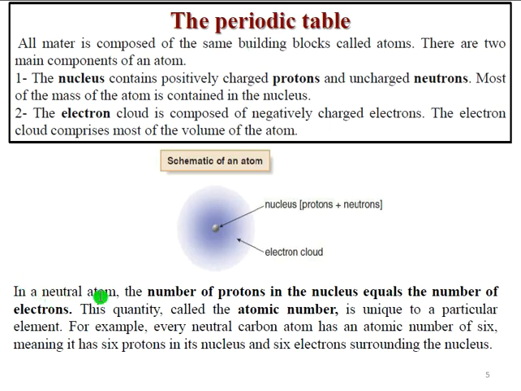In a neutral atom without charge, the number of protons in the nucleus equals the number of electrons. Number of protons equals number of electrons. 5 protons positive means 5 electrons negative on the other side.